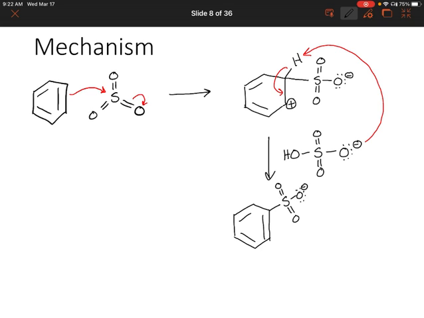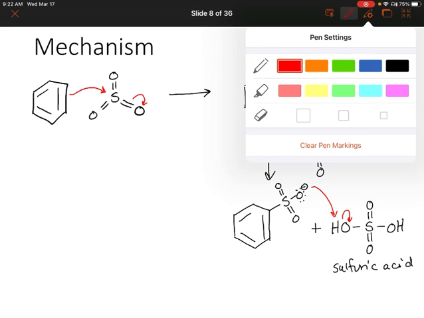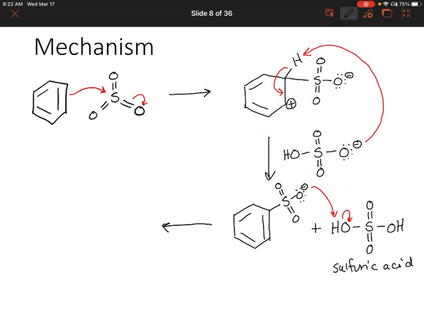Well, luckily, we have an acid present in our fuming sulfuric acid mixture. So that's sulfuric acid down below. And the negatively charged oxygen can grab onto one of the protons on sulfuric acid. All right, so now we have our final product, benzene sulfonic acid.